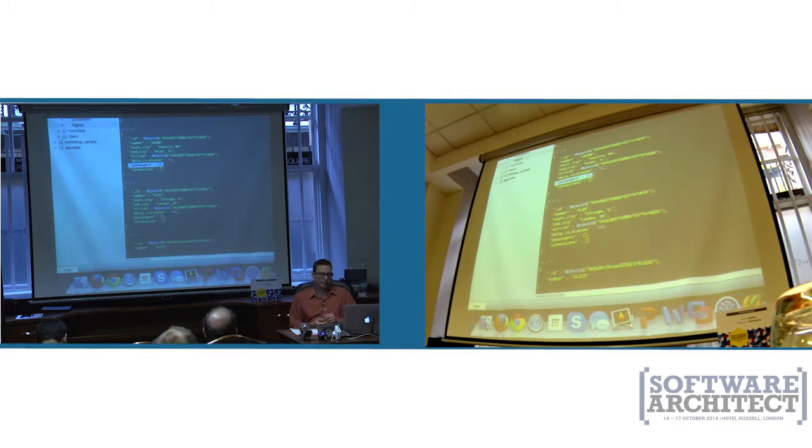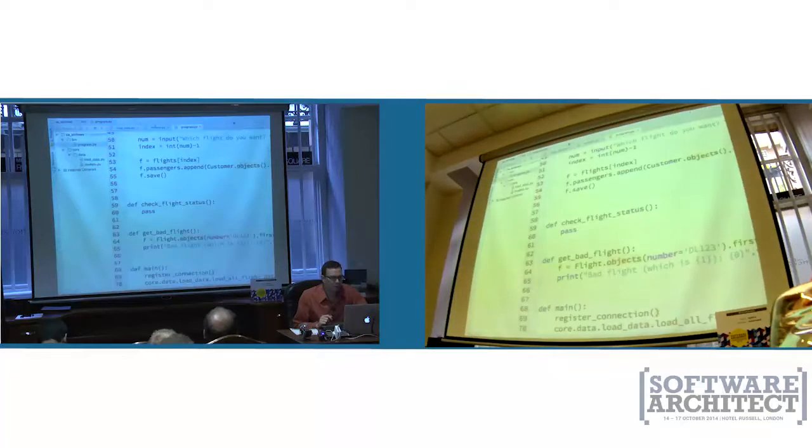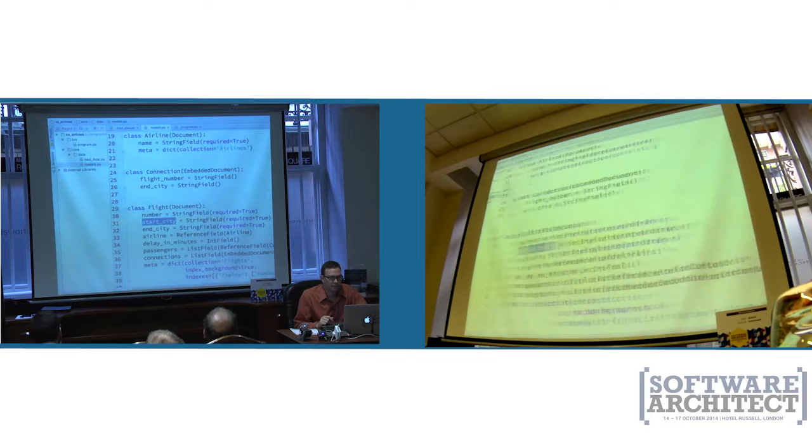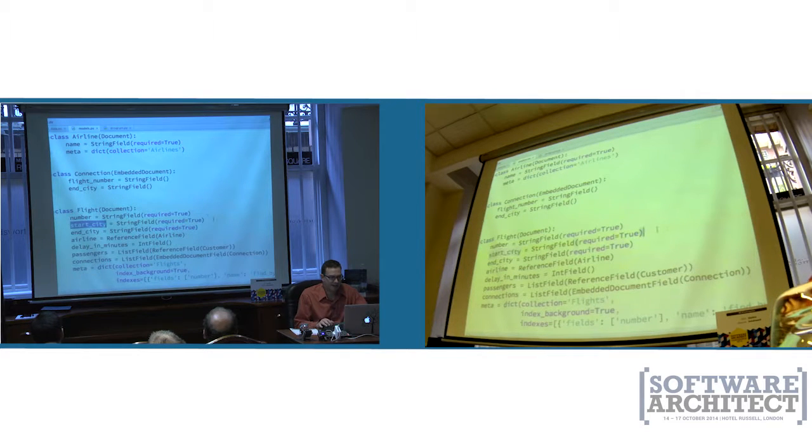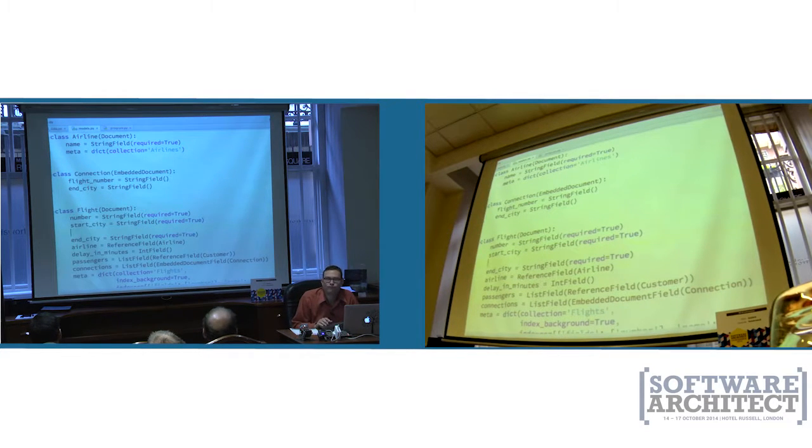There's a couple of ways. One would be to go over to my models, and suppose we want to add a discount rate or whatever, which is a float field here.